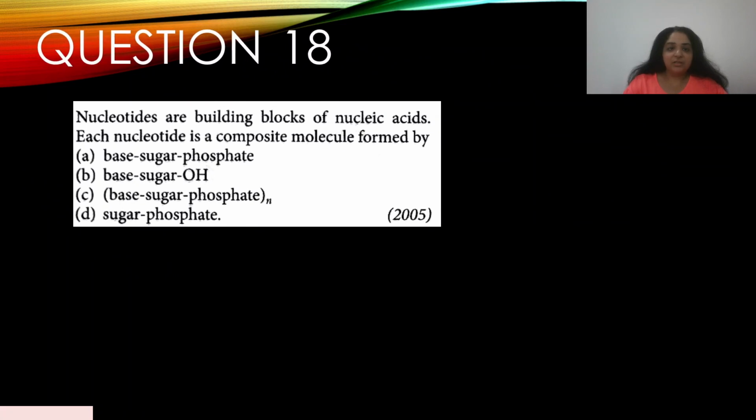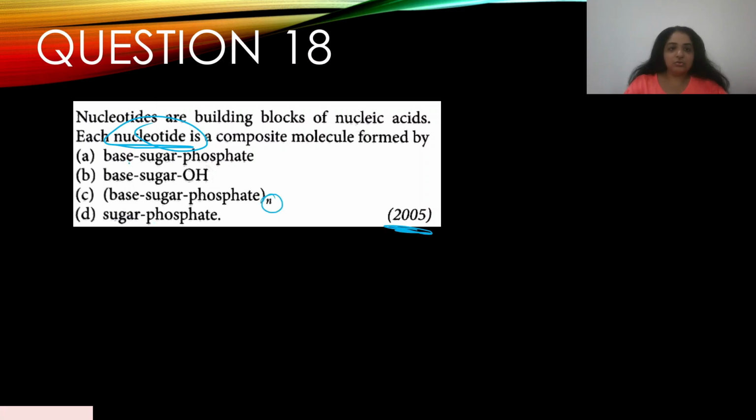Question number 18. Nucleotides are building blocks of nucleic acids. Each nucleotide is a composite molecule formed by, this appeared in 2005. So we're talking about a nucleotide. A, base sugar phosphate; B, base sugar OH; C, base sugar phosphate with the n; and D, sugar phosphate.